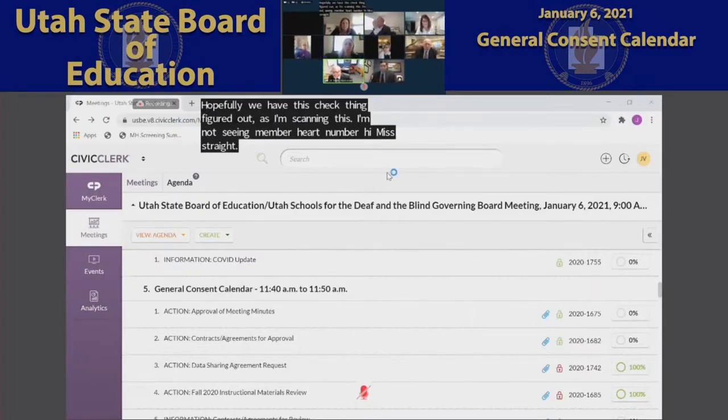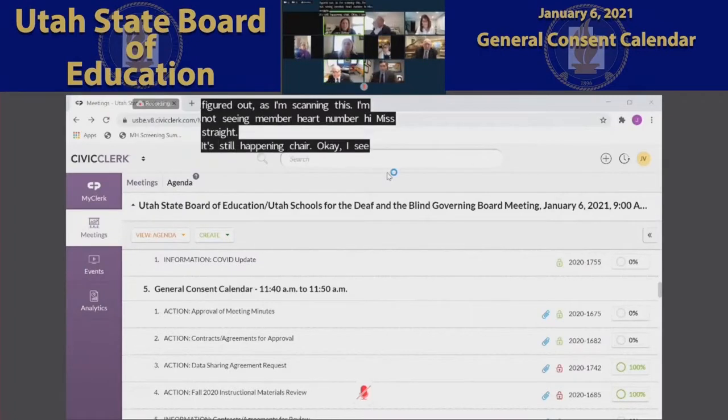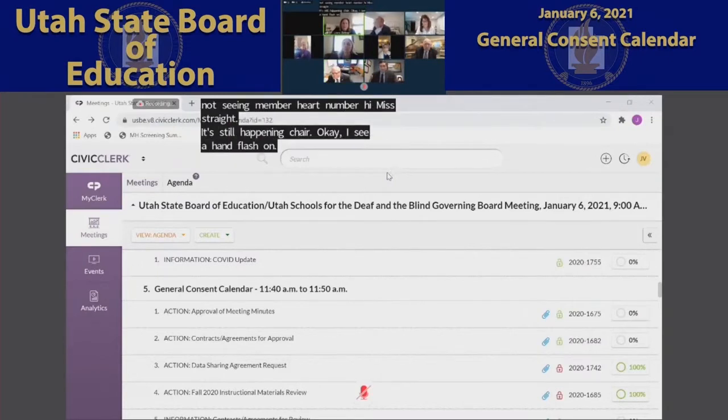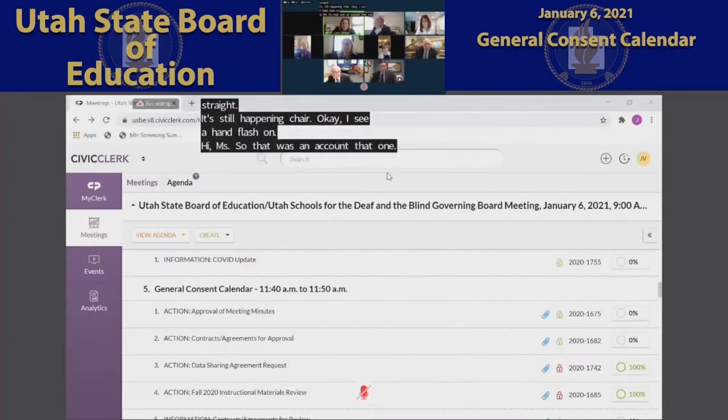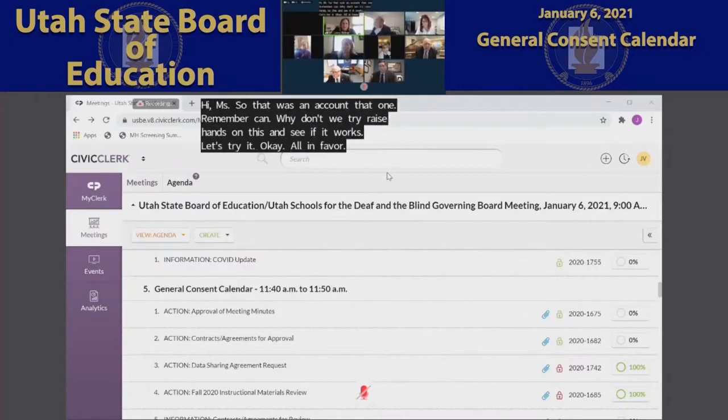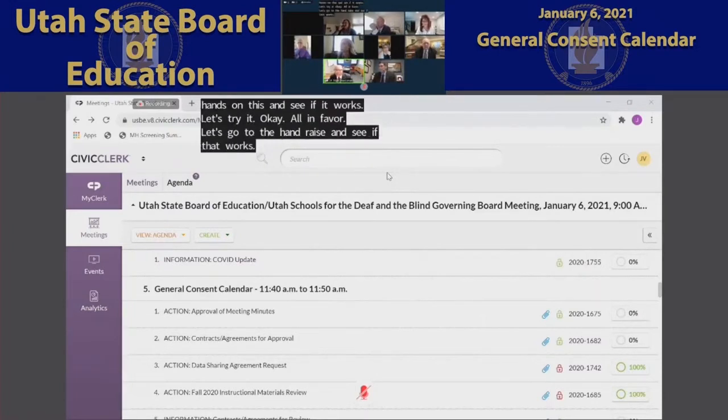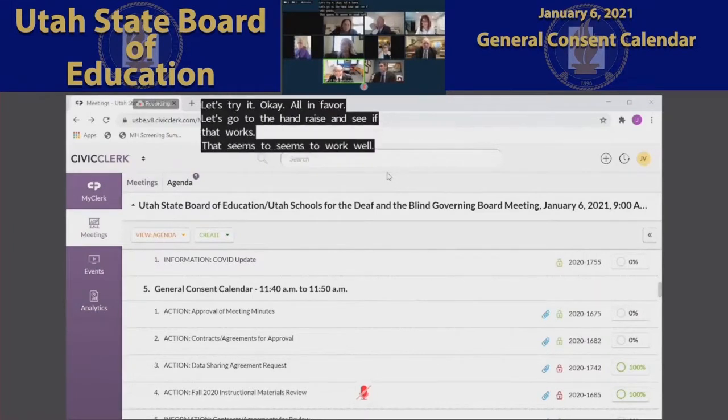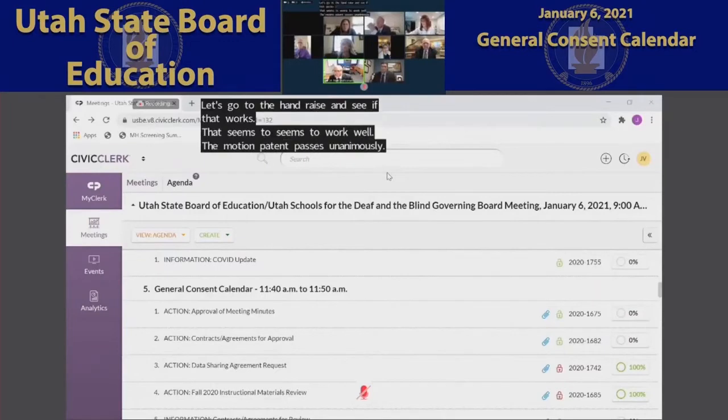Let's go to the hand raise and see if that works. That seems to work. Well, the motion passes unanimously. Okay, I'm still going to have to go back to that green check and red X as we're trying to figure this out. Sorry about these difficulties.